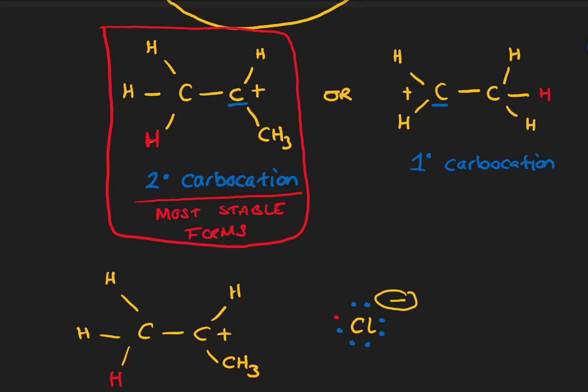Okay? And this is going to interact with the positively charged carbocation. A bond is going to be formed, and what we will end up with now is our actual product. So what we end up with is that we have our chlorine popping here.